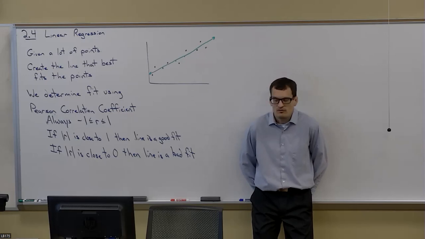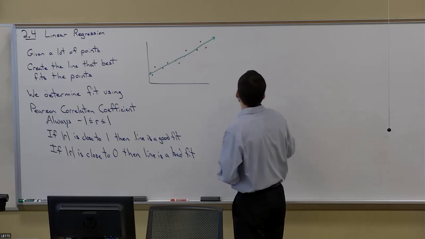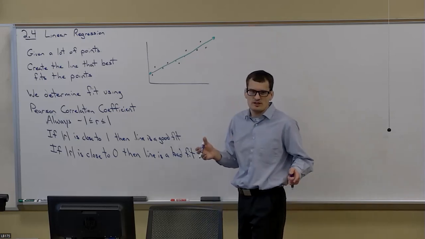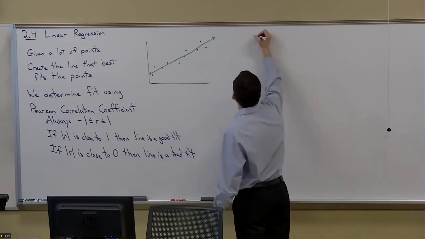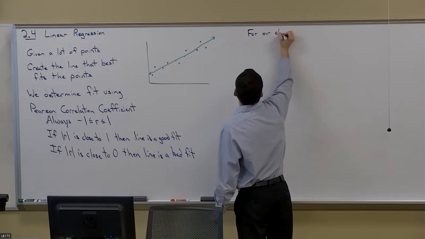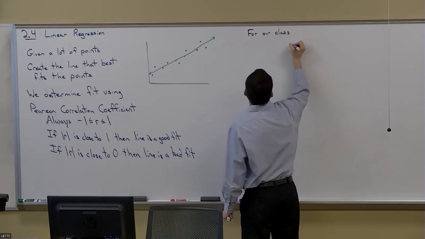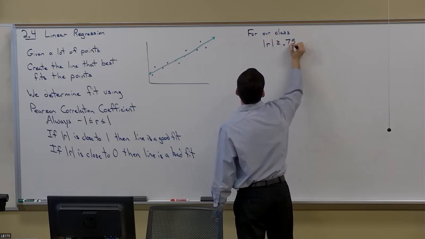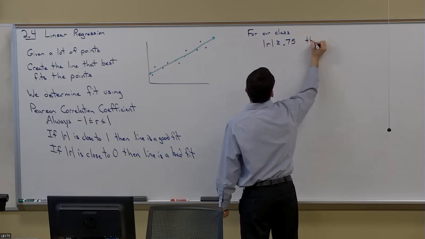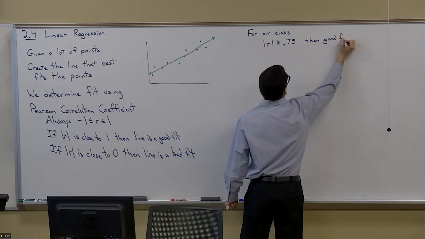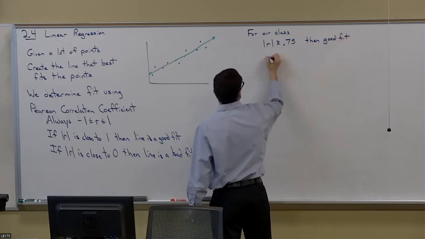For our class, since our class deals with pretty low numbers, pretty small data sets, let's just say this: if R is at or above 0.75, then we'll say that the line is a good fit.